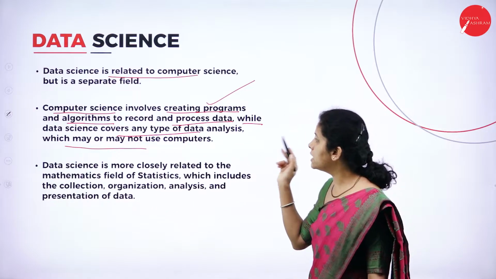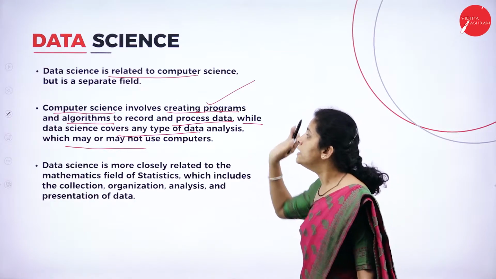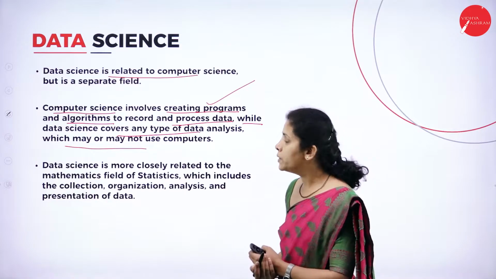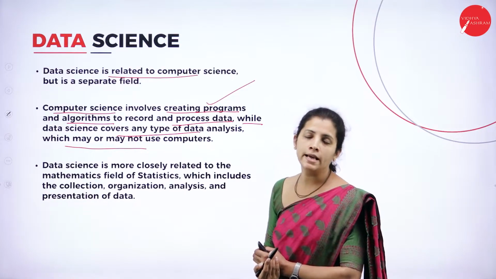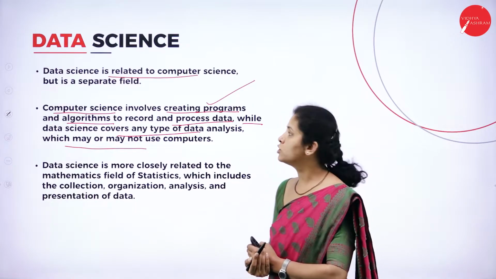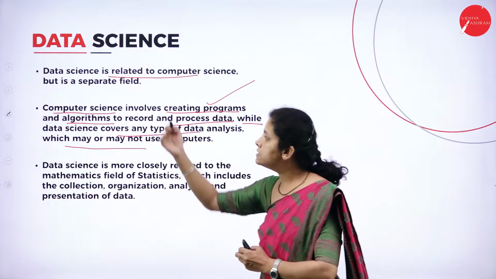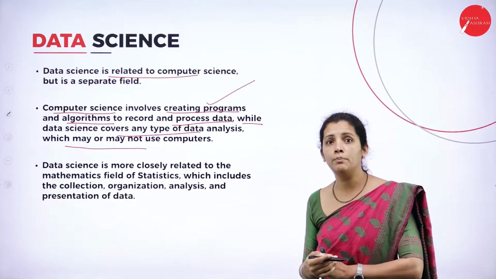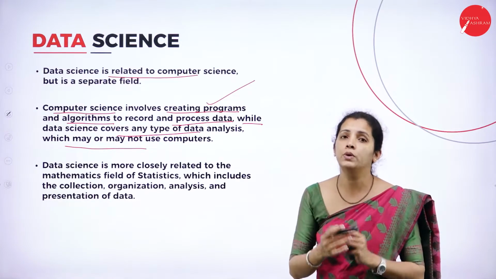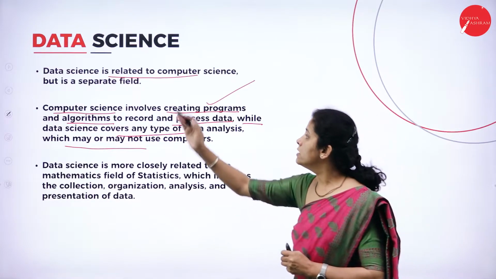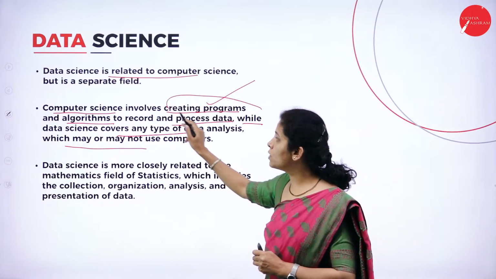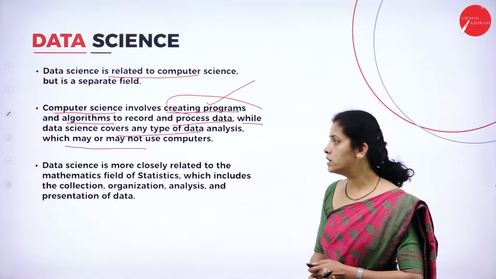So data science is capable of covering any type of data, which may be used by the computer or may not be. And computer science is nothing but the study about computers as well as computing devices. So computer science involves creating programs as well as algorithms.